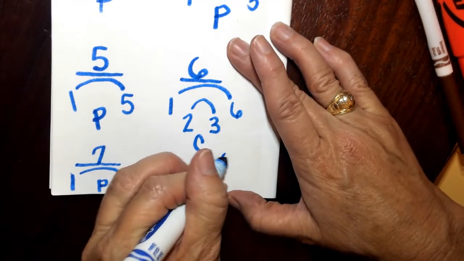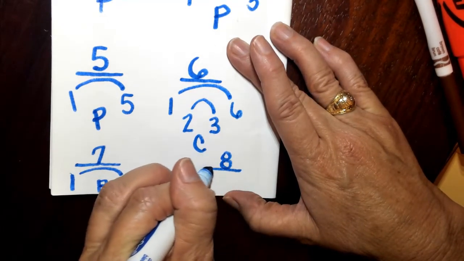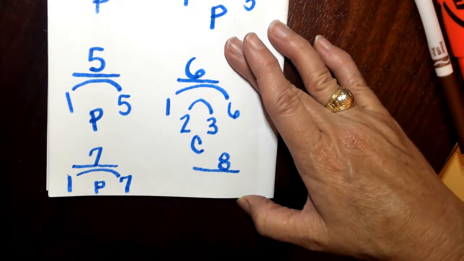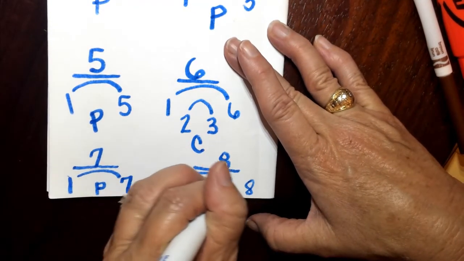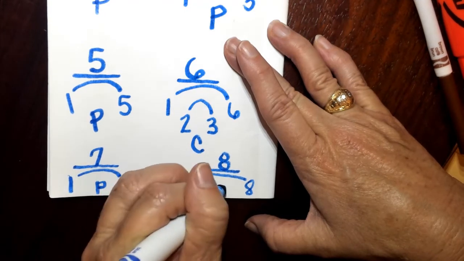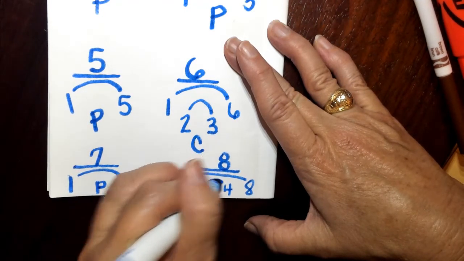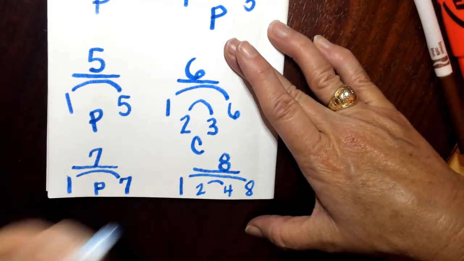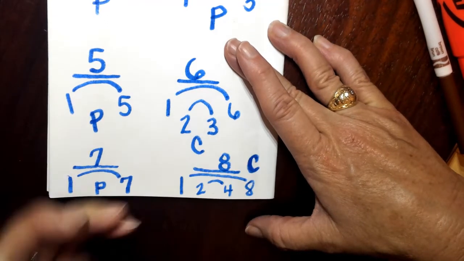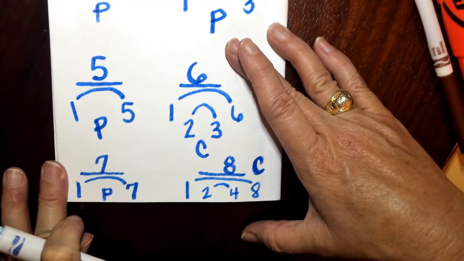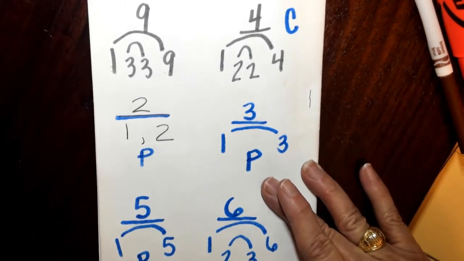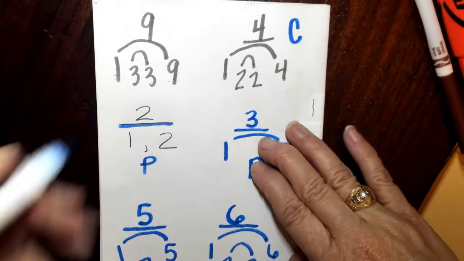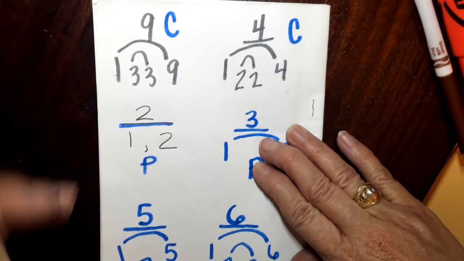And the number 8, the factors for 8 are 1 and 8, and 2 and 4. So 8 is a composite number. And of course, I already have the number 9. Make sure that if you did not get the number 9 in there, you have it, and it is also composite.